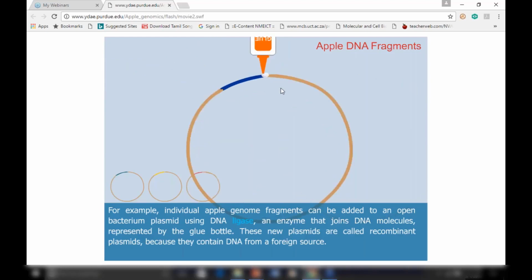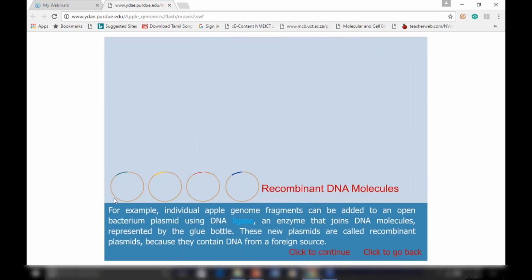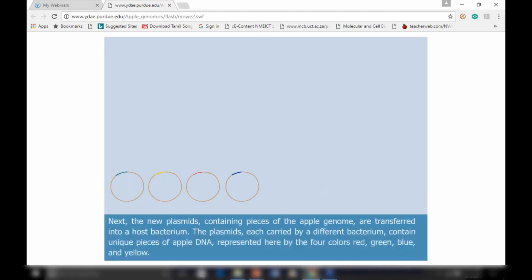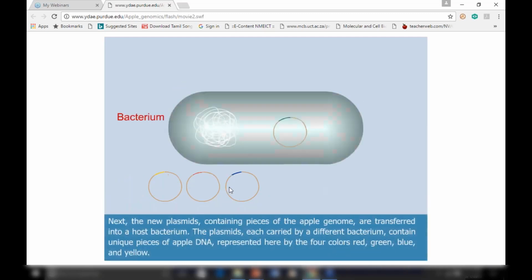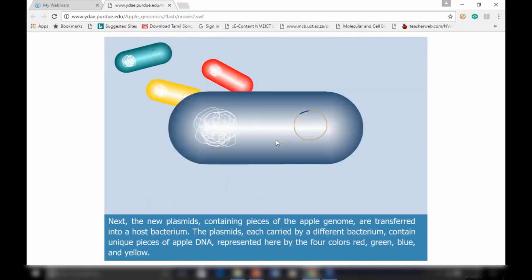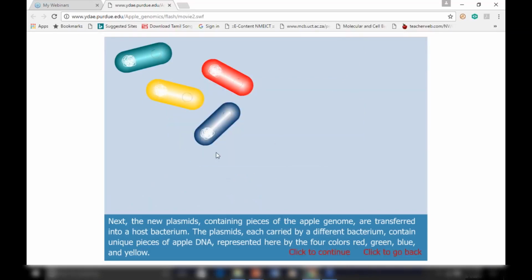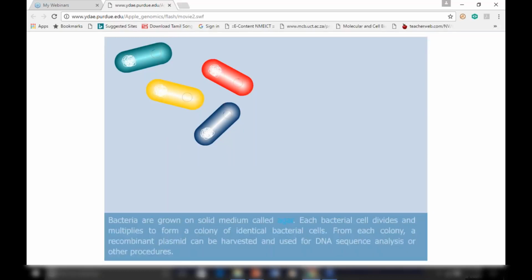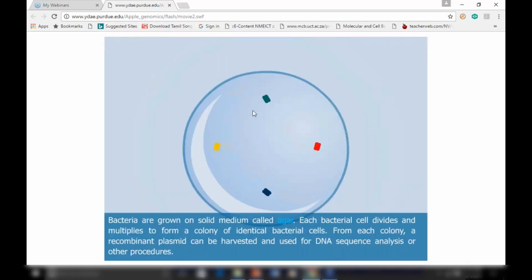So now all these plasmids together make a DNA library of the original genome. Now it has been transferred into bacteria, each plasmid into one bacteria. So now all this bacteria carries the genome. So now I can study the function of each and every gene. Got it? So this is the bacteria which grows.